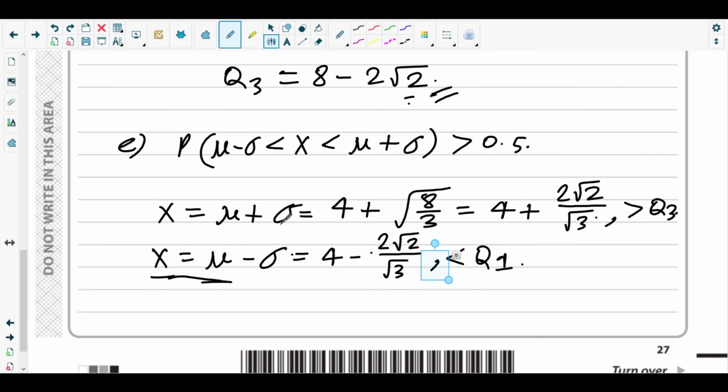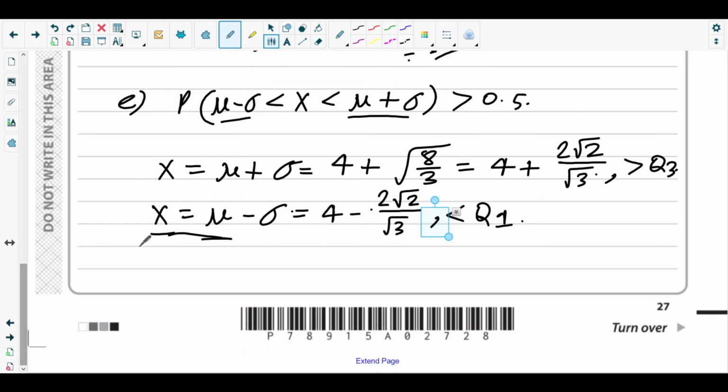So why am I considering Q1 and Q3? The reason is that the probability between Q1, the lower quartile, and Q3, the upper quartile, is half. And here the upper limit is greater than Q3, and the lower limit is less than Q1. That means definitely this probability will be greater than half, right?